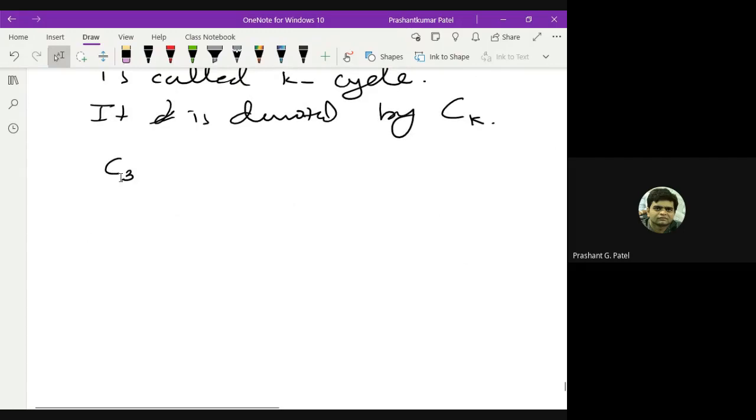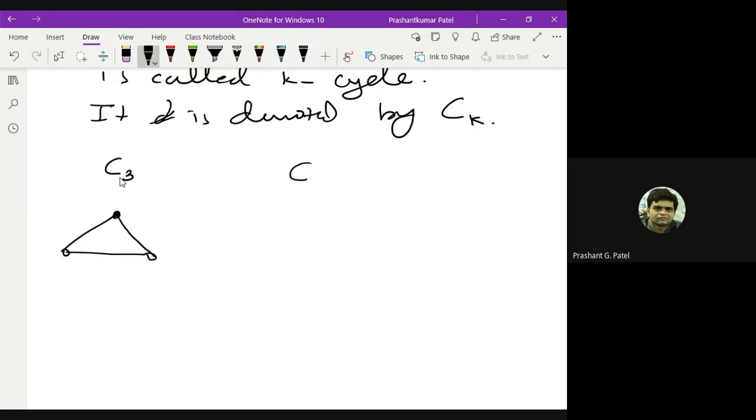For example, if you want to plot C3, C3 means a cycle whose length should be 3. So this is a C3. Because the length is 3, if I start here and the terminus is the same, you go in this manner, it will reach the same point, and the length will be 3.